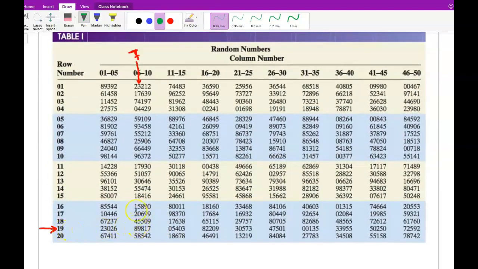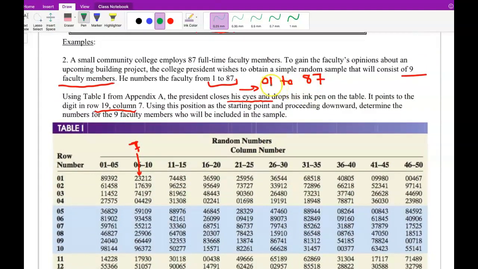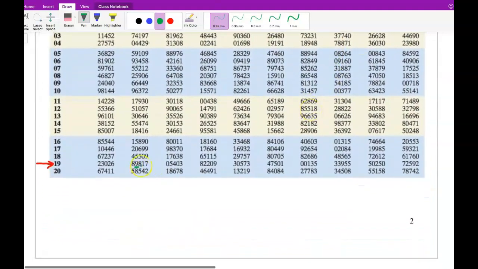Row 19, column 7. So this is where I should start. Since our numbers are from 1 up to 87, I shouldn't repeat, and I also shouldn't accept numbers that are larger than 87.